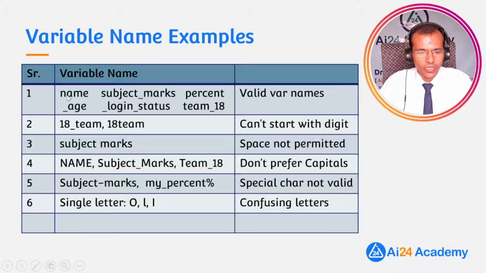Here name is in small letters, here Name is in capital letters. So name and Name, subject_marks and Subject_Marks are different variables because Python is a case sensitive programming language. So in Python we should prefer to use variable names in all small letters. We should not use variable names which start with a capital letter or have all letters in capital. These are valid, but not preferable.